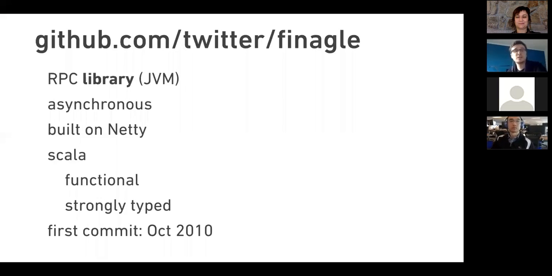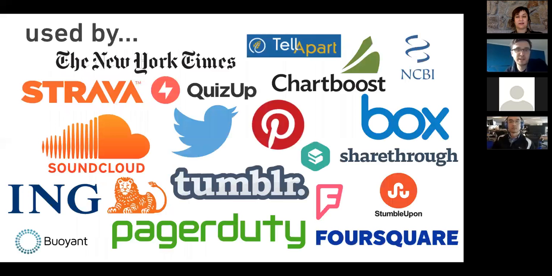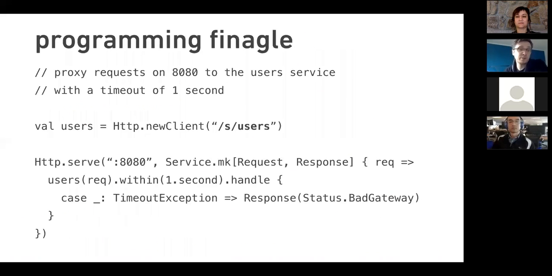Finagle is an open source library that Twitter wrote, starting around 2010, to deal with a lot of common problems that Twitter was encountering at the time. Since then, a lot of other people have adopted it, primarily for the programming model.